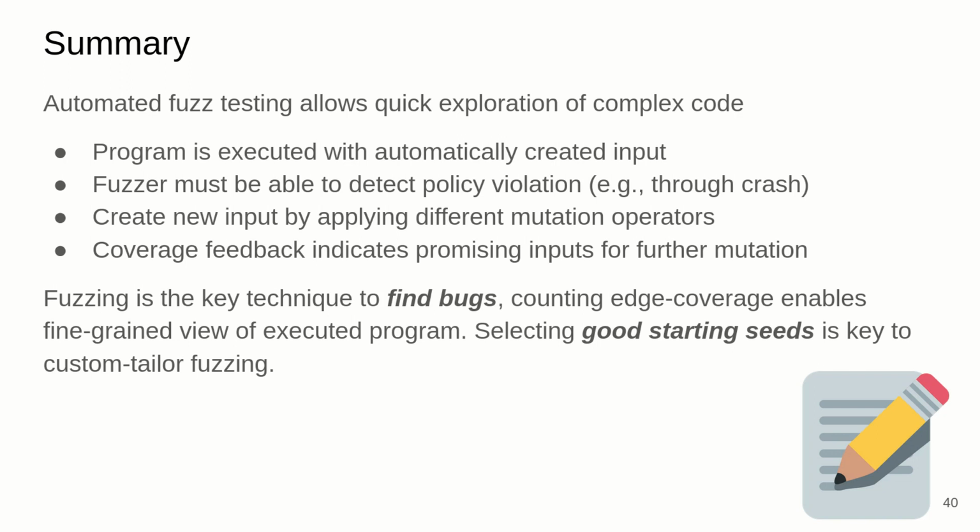Today, fuzzing is the key technique to find bugs. It uses edge coverage to get a fine-grained view of the executed program, and often developers select good starting seeds to then custom tailor the fuzzing to a given functionality, to give it an edge to start the exploration.